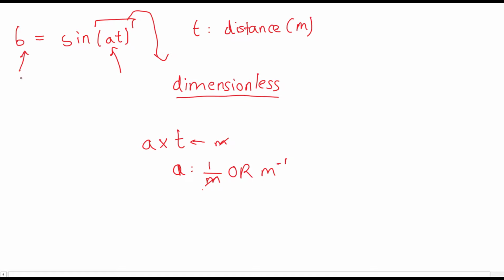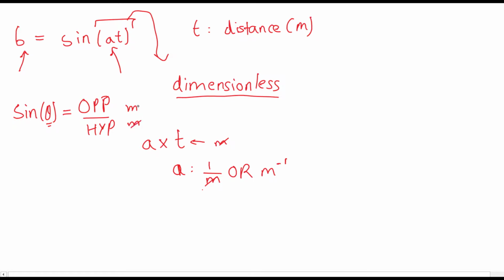Now, as for b, to find out what b is, we can look at the nature of a sine function. So sine, what is it? Sine of any value theta, as we know, is opposite upon hypotenuse in a right angle triangle with the angle theta. So opposite upon hypotenuse, both of these are lengths measured in, let's say, meters.